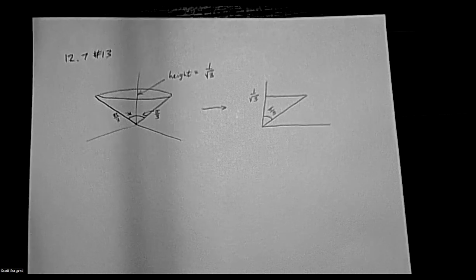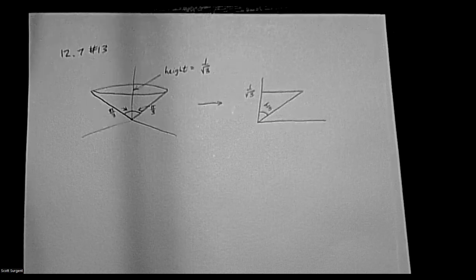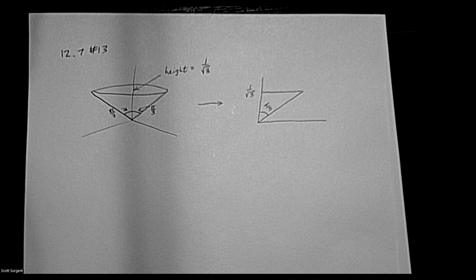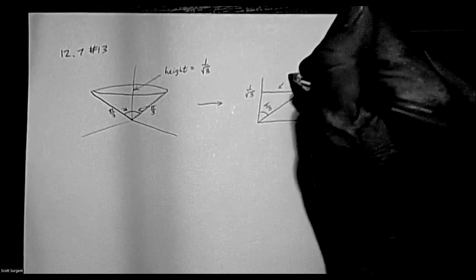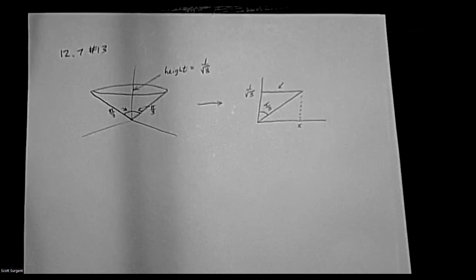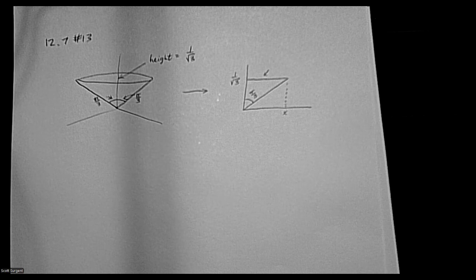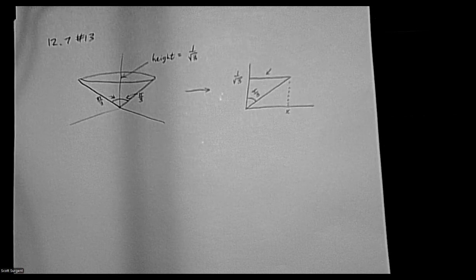So I know that the height is 1 over rad 3, and I know that the angle is pi over 3. I'd like to figure out what this length is, and that would give me the x value. Then I can use that information to figure out the equation of the cone.